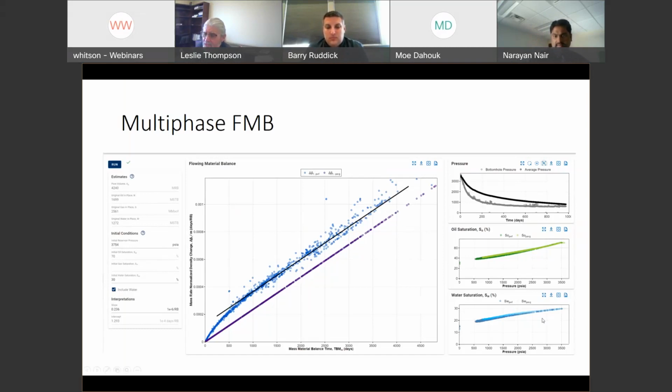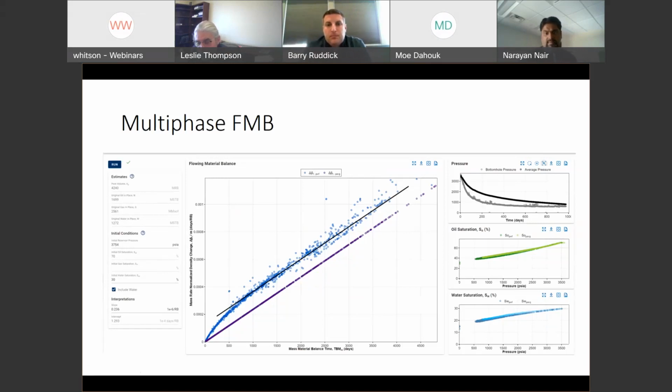We also have a couple of saturation plots here. The one I just want to mention is the water saturation plot. Water is not a compressible substance, and in a tank you don't expect the water saturation to change a whole lot. If you start seeing saturation of water changing from 30% to 40%, you begin to get a little suspicious. That's probably telling you that you're getting more water coming in than you think.